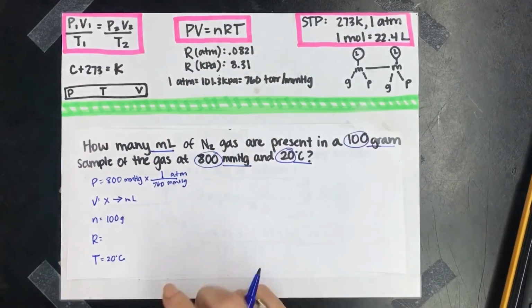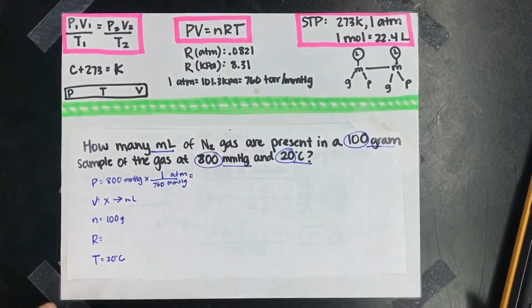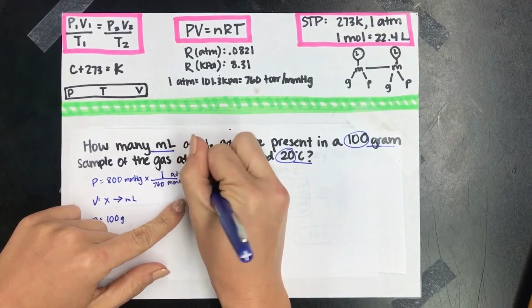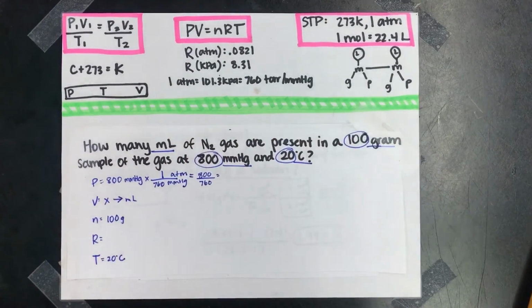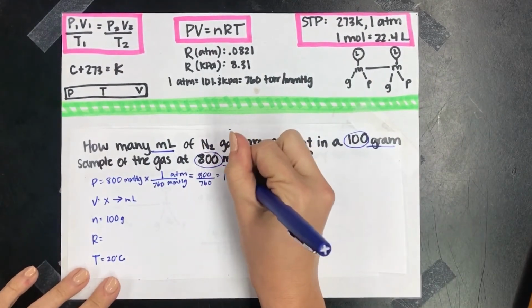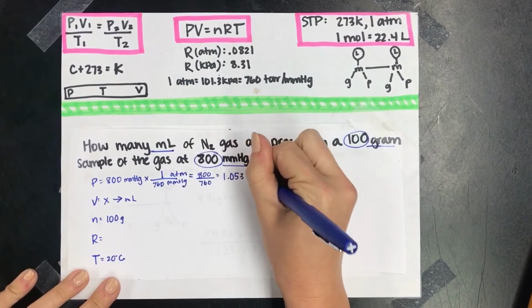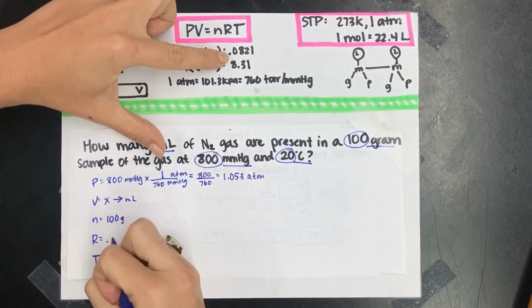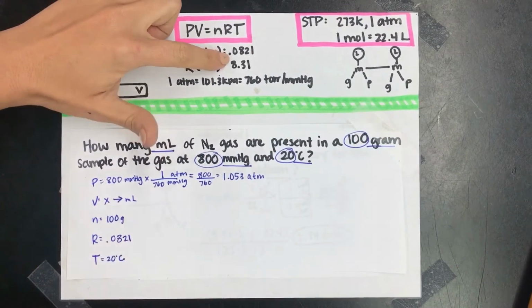It's the same for torr. When I put this in my calculator, you're basically saying 800 divided by 760, which is 1.053 atm. Because we have atm, we are now going to plug in this unit for R.